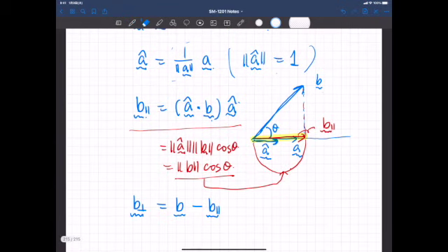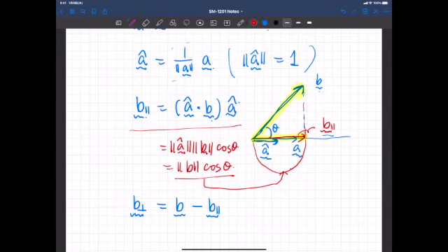If you subtract B parallel from B, then that vector becomes this. First add B, then subtract B parallel, so the direction of B parallel is reversed.